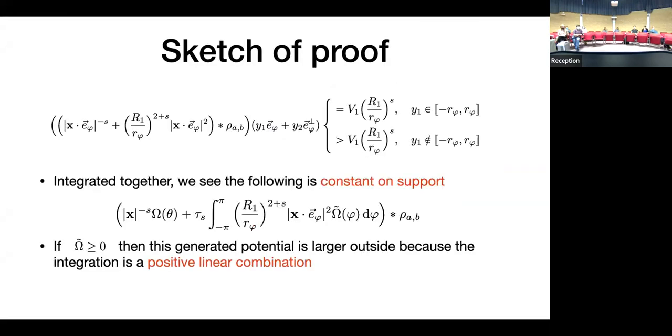Okay, so in notations, it is like the following. If you pair this one-dimensional singular potential with some proper amount of quadratic potential, then the generated potential is just something in the E phi direction, and it is equal to some constant inside the support and greater than this constant outside.